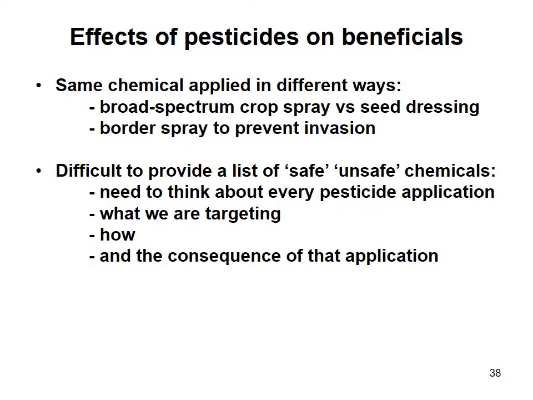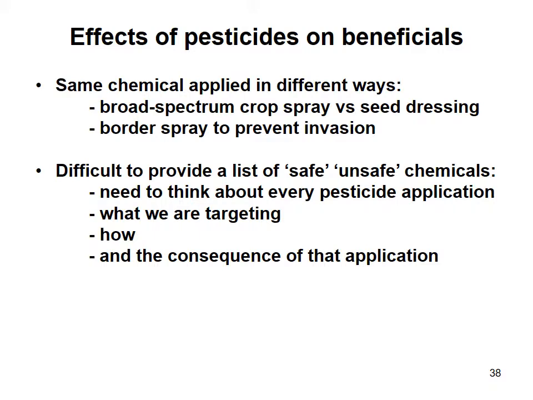The same chemical can be applied in different ways. It could be applied as a broad spectrum crop spray versus a seed dressing. The broad spectrum spray would kill a range of beneficials, but when used as a seed dressing or bait, the effects would be very much reduced, and so this could be part of an IPM strategy.